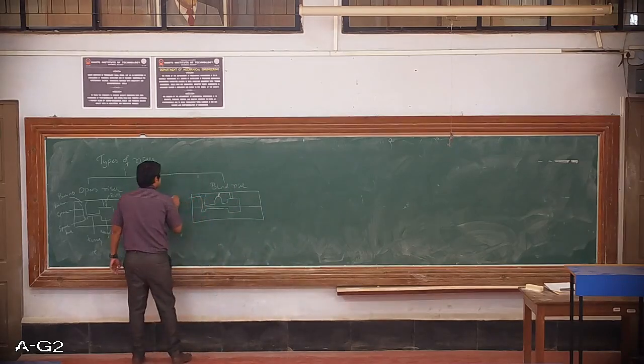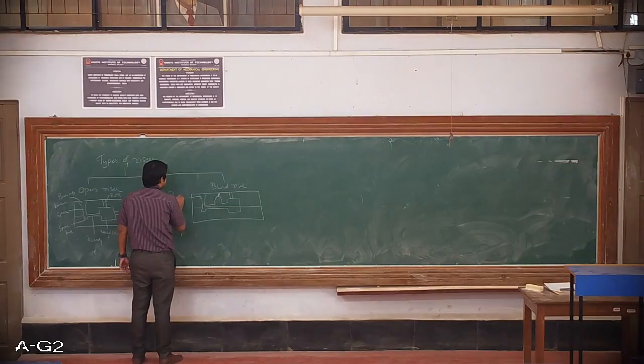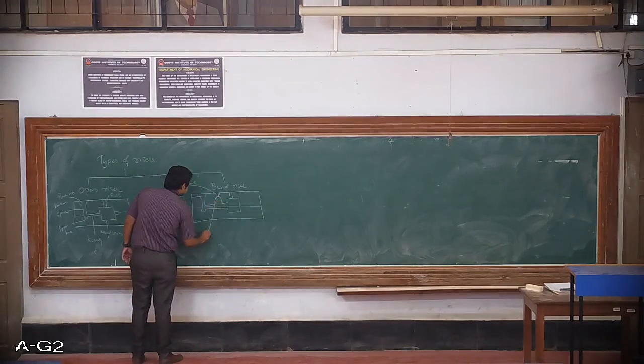So here it is again a pouring basin. It is a permeable sand core. Let's explain about this. This is the blind riser.